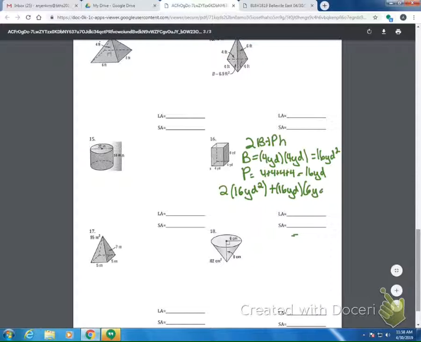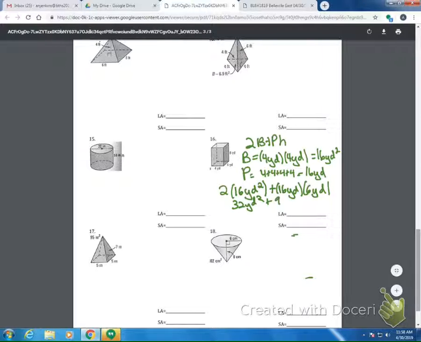Okay, so what is 16 times 2? 32. Yep, so 32 yards squared plus 16 times 6.